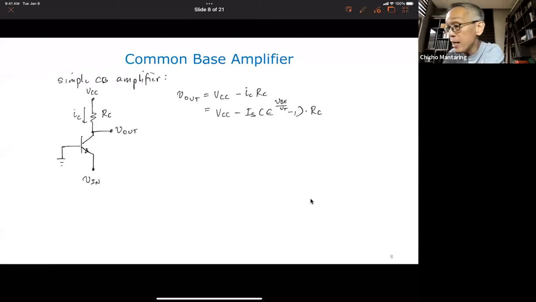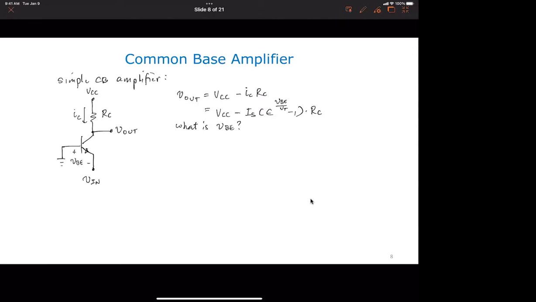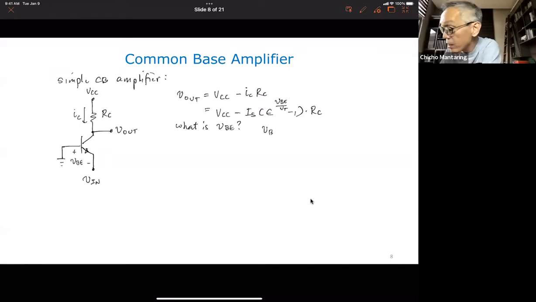But what is VBE? Can somebody tell me what VBE is in terms of V in? Ito yung VBE ko, no? What is VBE in terms of V in? Anyone? Sir, negative Vin. That's right, no? VBE is just negative V in.